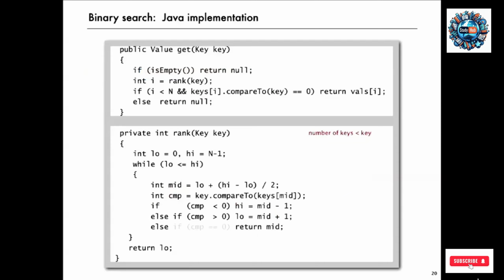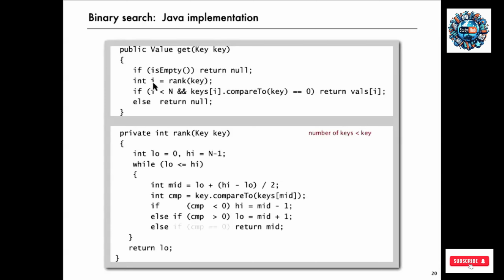All right, so this is the code for the get operation, which uses rank, which is binary search. This is precisely the binary search code that we looked at before. So let's look at the get. If the whole table is empty, we return null.